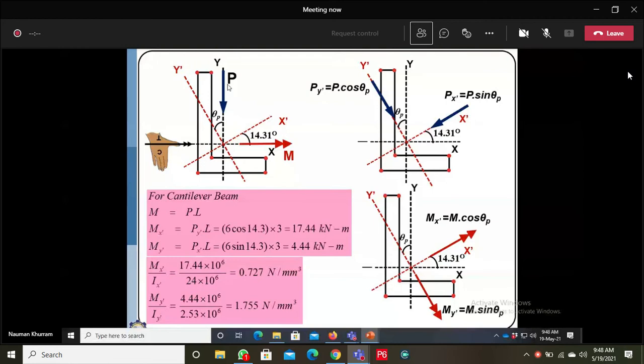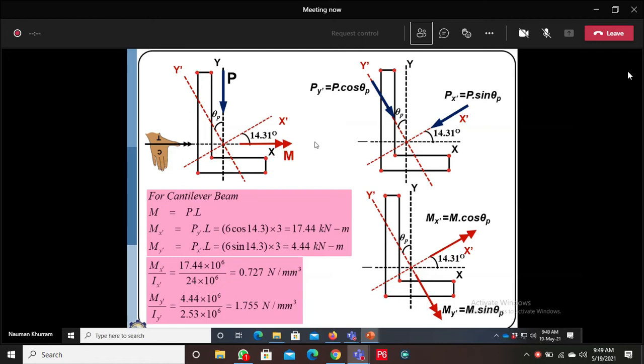If I'm resolving, you can assume that this is quadrant 1 with respect to the principal axis. If you resolve the load into two components, the horizontal component is acting like this, and the vertical component along the principal axis is acting this way.